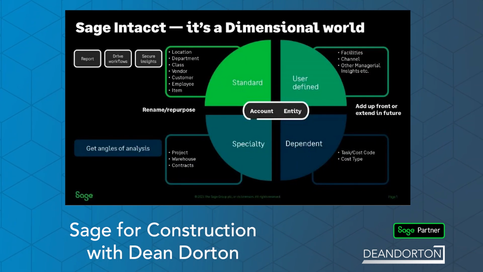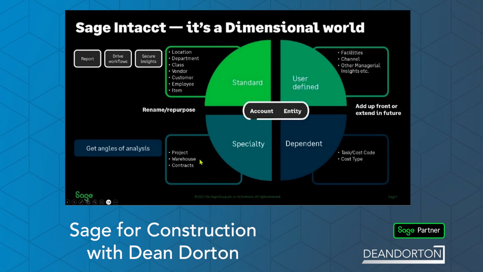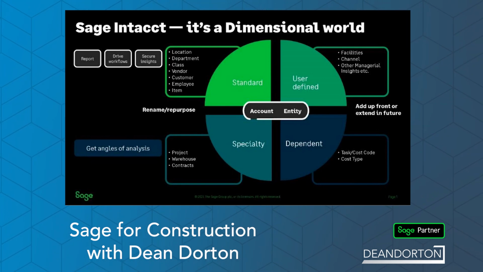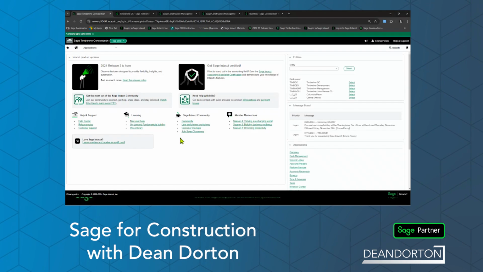And then once we're enabling the construction subscription, that is where we will have access to the specialty dimensions, which are project, contracts. And then if you use inventory, we have a warehouse dimension that's available. And in tandem with those specialty dimensions, we utilize dependent dimensions such as your task, also called cost code, and cost type. So now I'm going to hop into our solution here real quick.